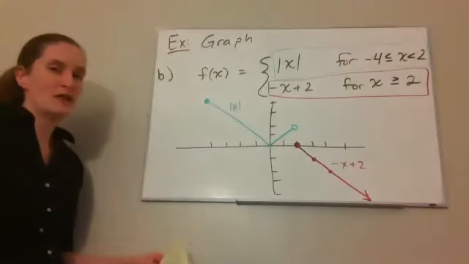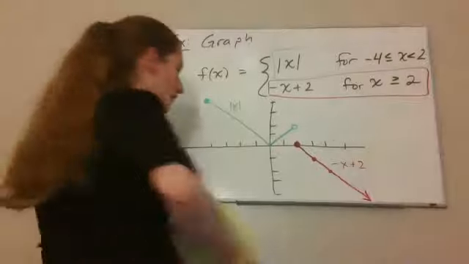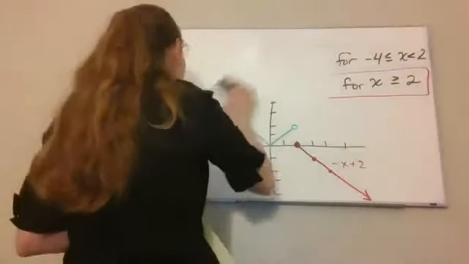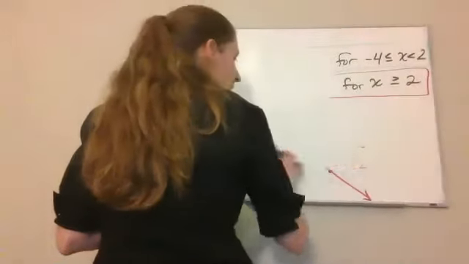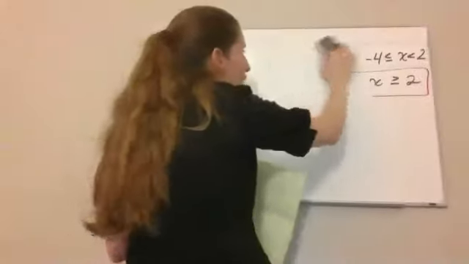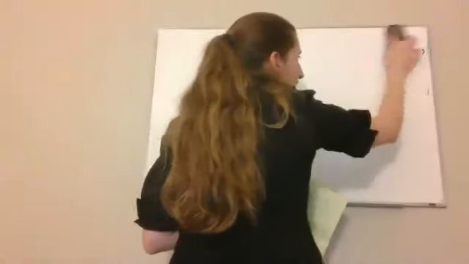We're going to talk about a very particular type of piecewise function now. It's called a step function. And it's called a step function because if you graph it, the graph looks like a set of steps, discontinuous steps.